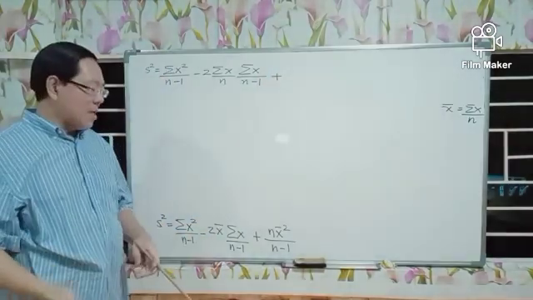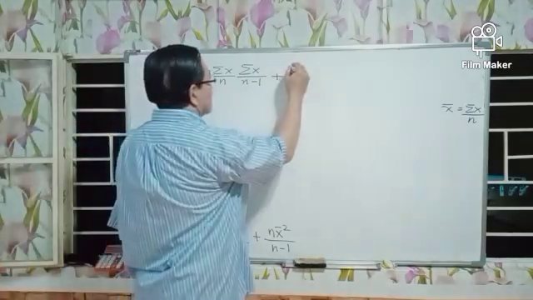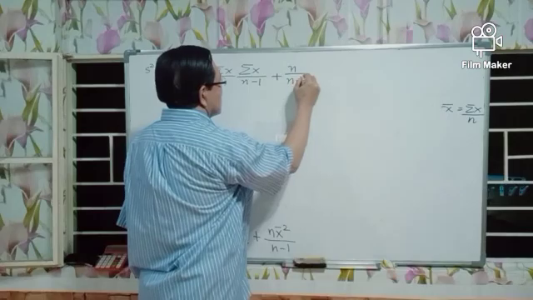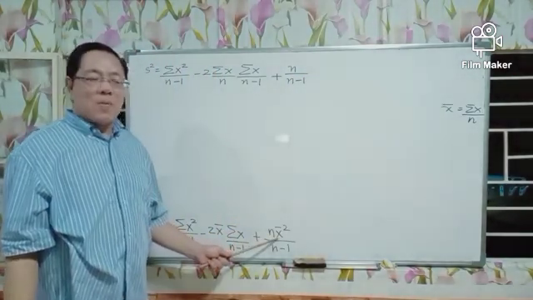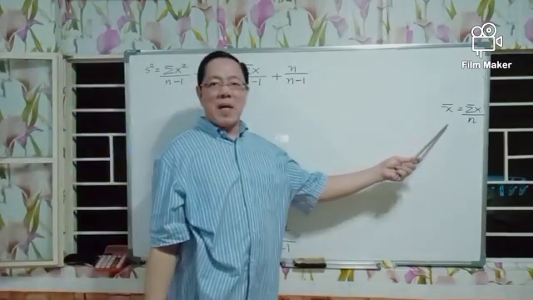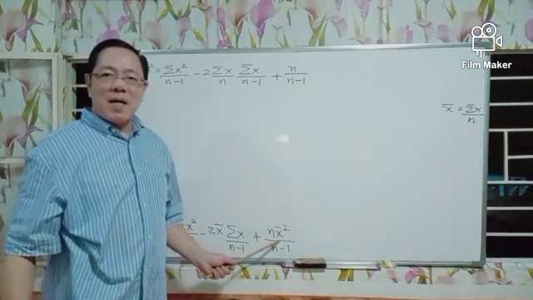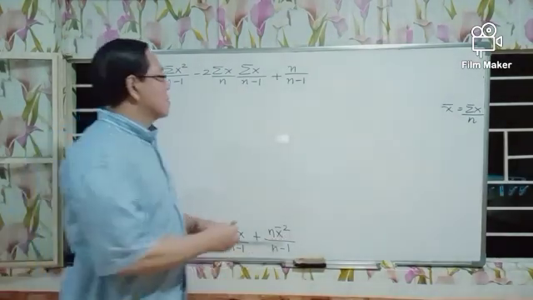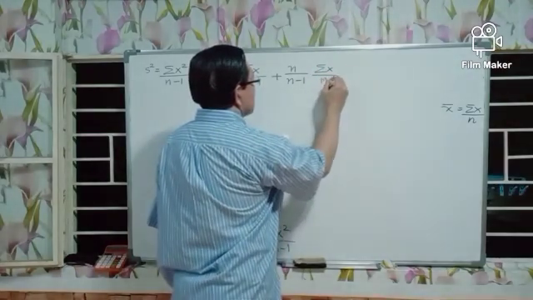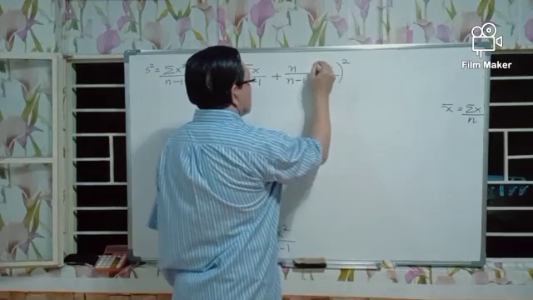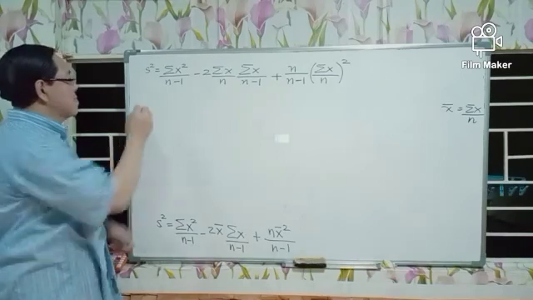And the last term is n divided by n minus 1, multiplied by the square of x bar, where x bar is summation of x divided by n. We replace x bar with summation of x divided by n, and we square it. The first term is the same.